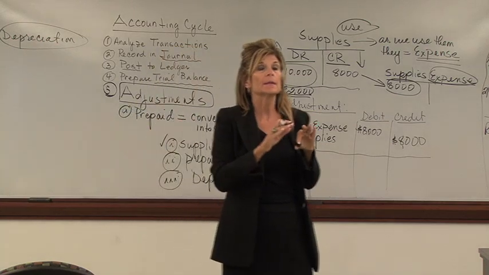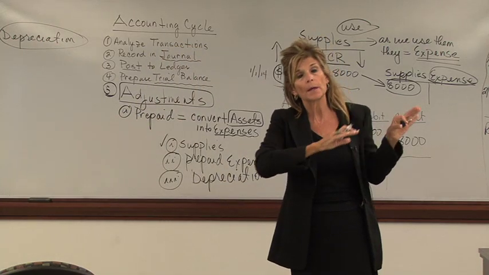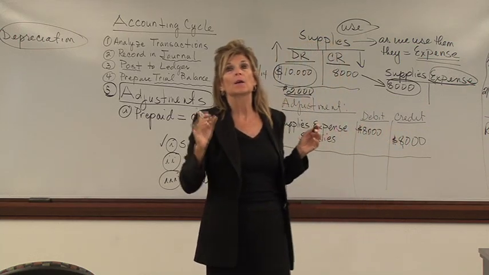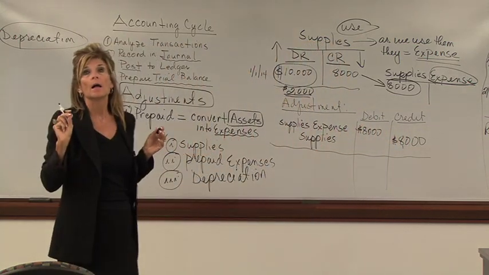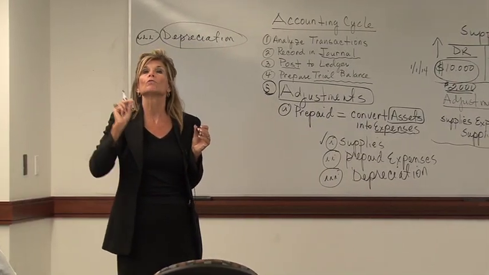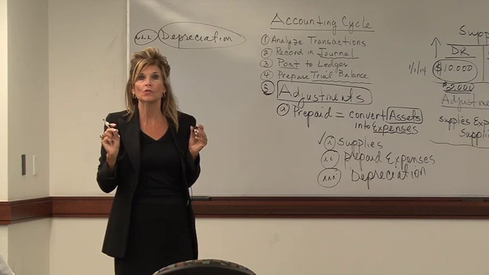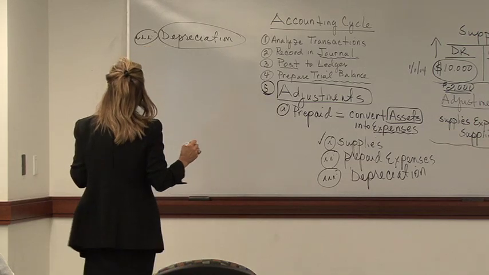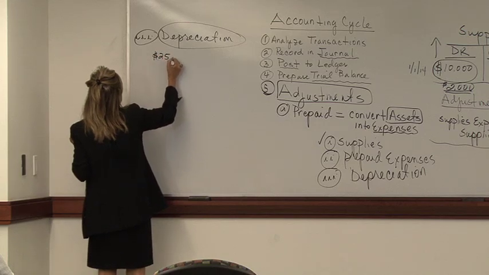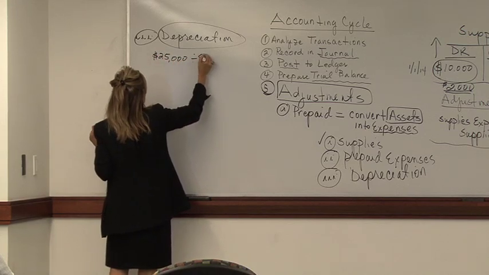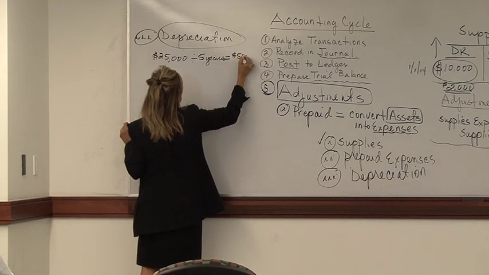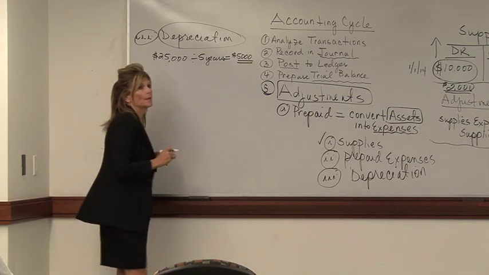We calculate the amount that we're going to depreciate the truck by once, and every year we would take 1/5 of that $25,000 and write it off or recognize it as depreciation. All right, so we would take our $25,000 cost, we would write it off over 5 years, and the depreciation amount each year would be $5,000.